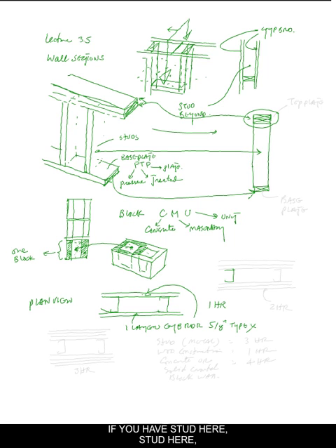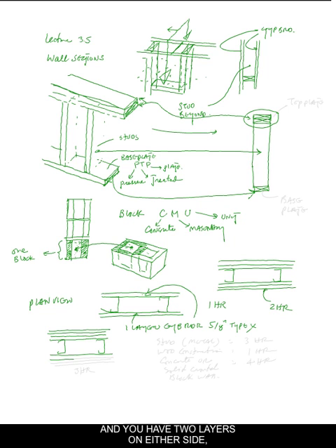If you have stud here, two layers on either side, then this will be 2 hour construction. If you have a metal stud, and you have 3 layers on either side, then you will have 3 hours.